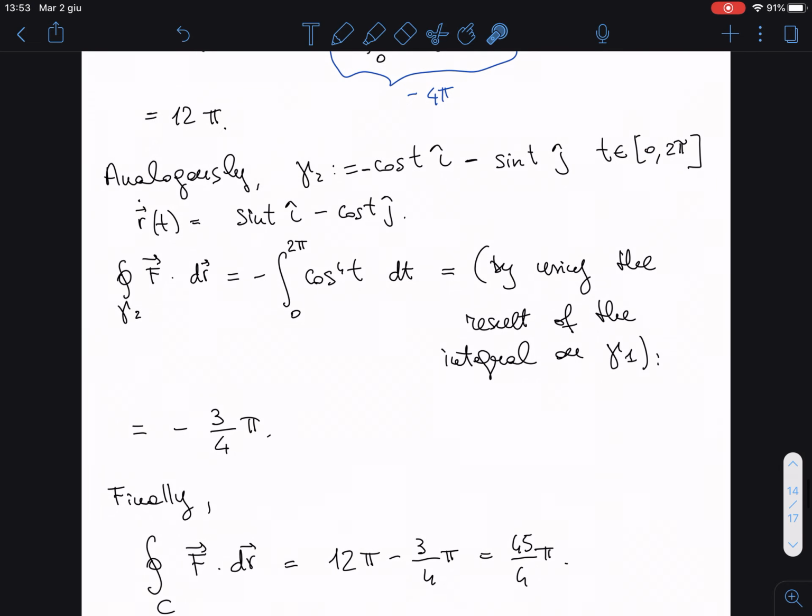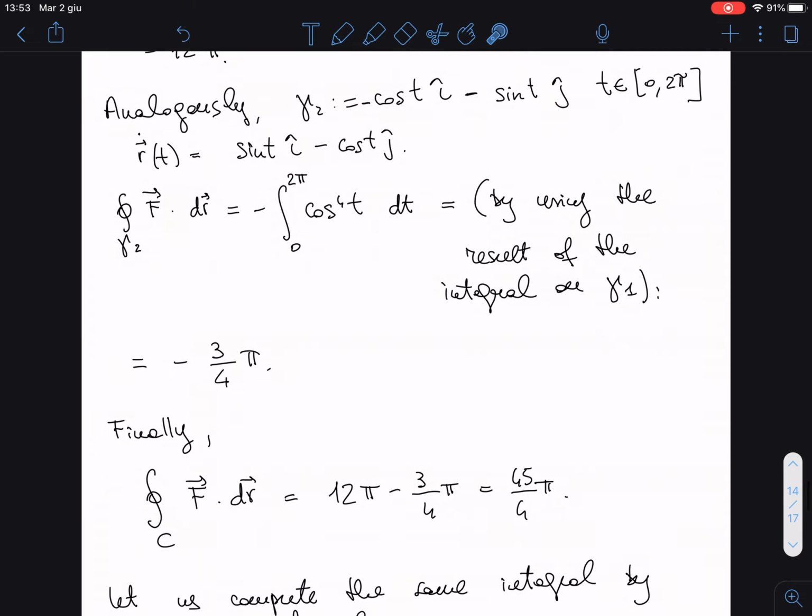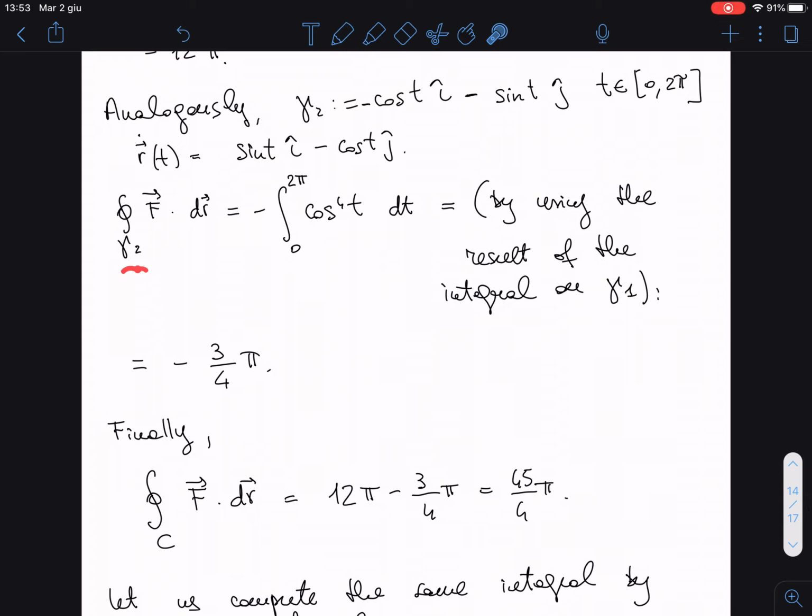So this is gamma 2. This is the velocity of a point running through gamma 2 with the motion given by the parametrization, and the integral is minus cosine of 4t, and not 4 cosine of 4t, from 0 to 2 pi, and then we use the same result as before.